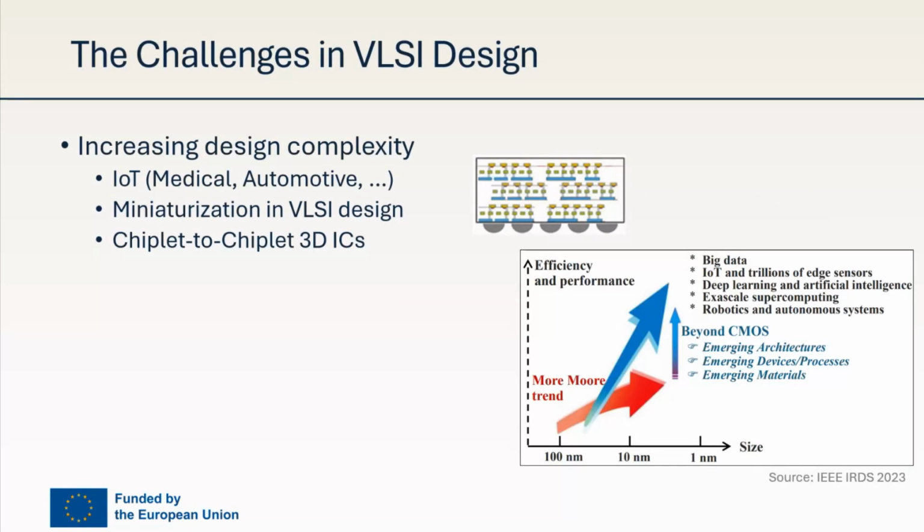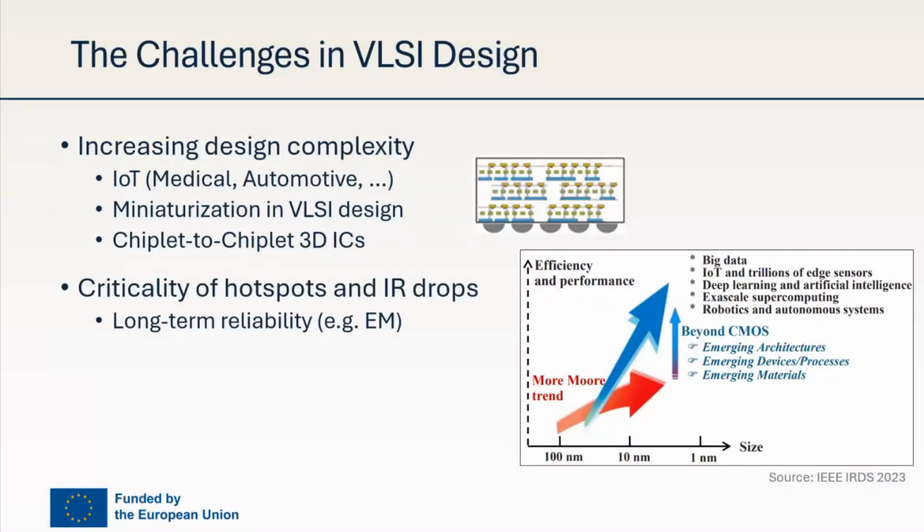So let's go. As technology advances, the growing demand of Internet of Things applications in fields like medicine, aerospace, and automotive pushes for miniaturization of chips and forces VLSI design to become increasingly complex. Due to this, we are facing critical challenges like managing power integrity and thermal performance, especially when migrating to 3D chiplet-to-chiplet architectures, where we first need to perform die-centric analysis in every chiplet.